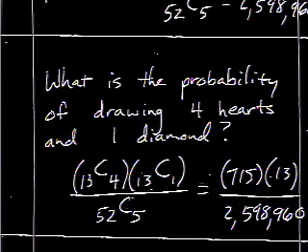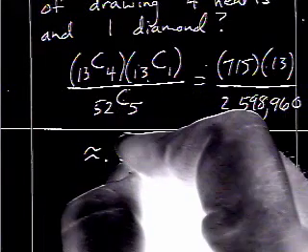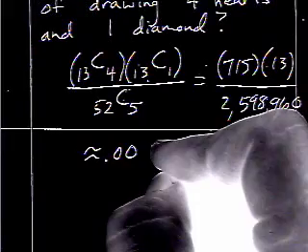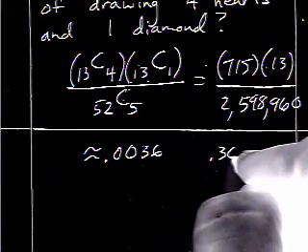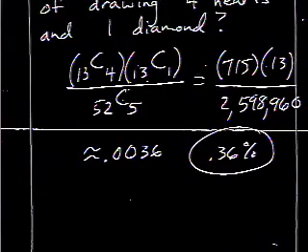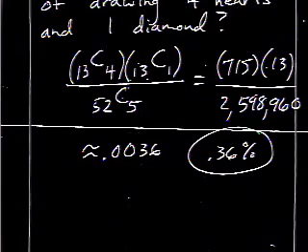So if I multiply those two in the top and divide by the denominator, 2,598,960, we end up with 0.0036, or a 0.36% chance of getting 4 hearts and 1 diamond. Not that it's not possible, just fairly small.